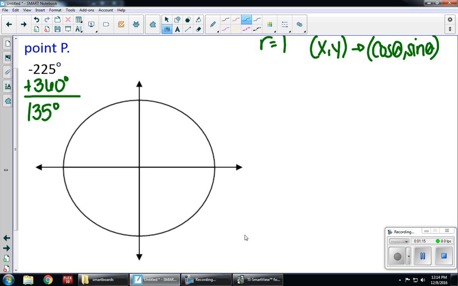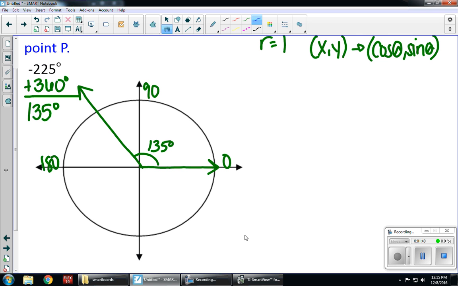So if I label my quadrants 0, 90, 180, 135 degrees is going to fall in quadrant 2 because it's between 90 degrees and 180 degrees. My initial side is always the positive x-axis, and then I'm in quadrant 2. This is the angle 135 degrees.